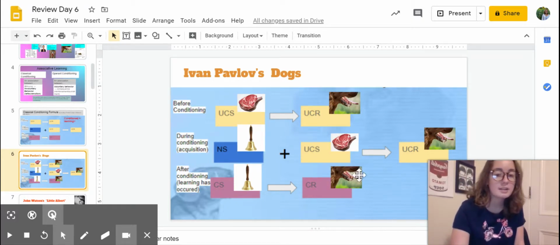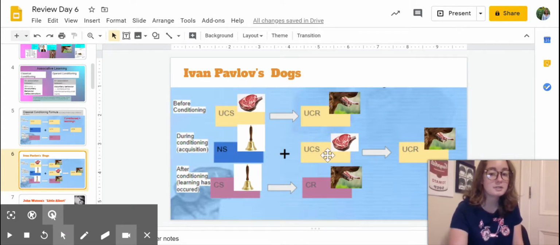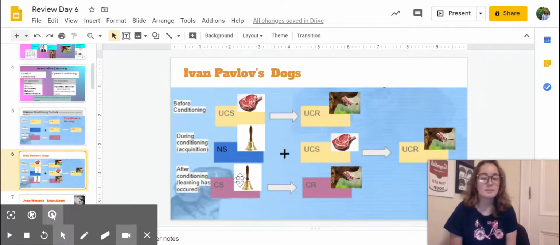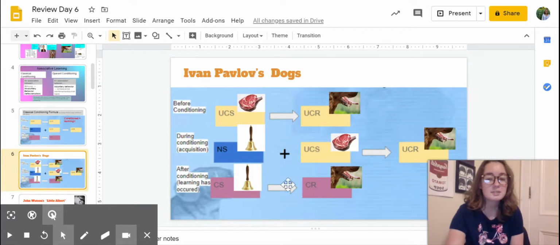That alone would not cause anything at first, but by pairing the bell with the food so many times in this conditioning learning process, eventually the dog will just salivate to the tone or the bell. So that means that conditioning and learning has occurred, if you are able to make a dog just salivate based on only the bell or the conditioned stimulus alone.